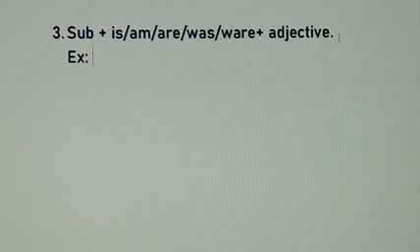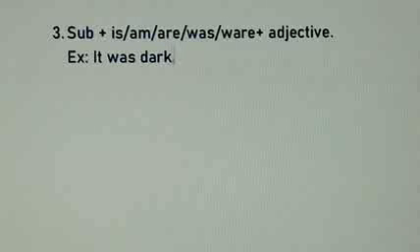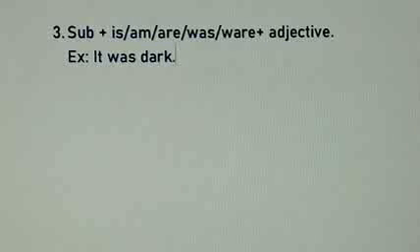It was dark. How was it? If some word, you know what, students? Let me tell you. The word that can answer the question how, that will be an adjective in the sentence.